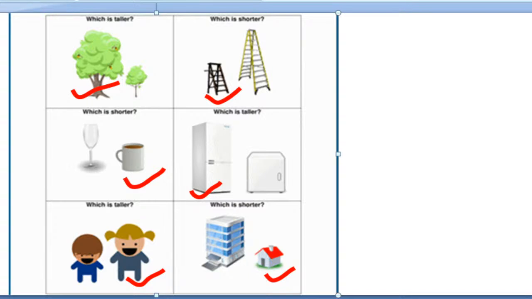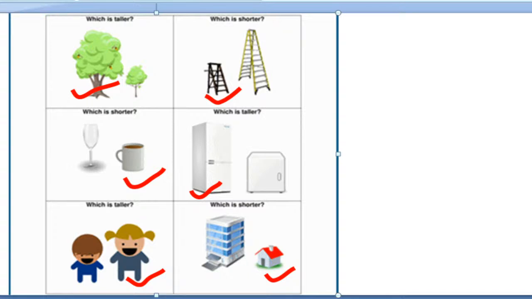Is it visible to all? See, I have marked a tick on the objects or the answers. So the first one was the tree is taller. So I made a tick on that tree. Okay.